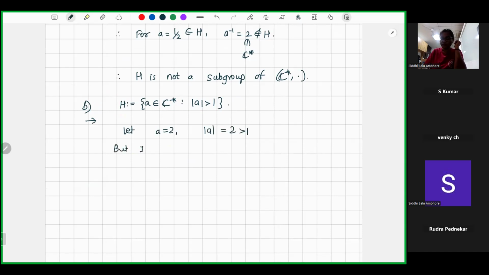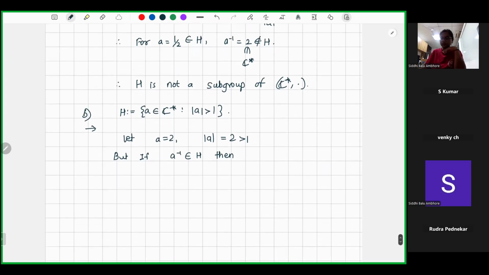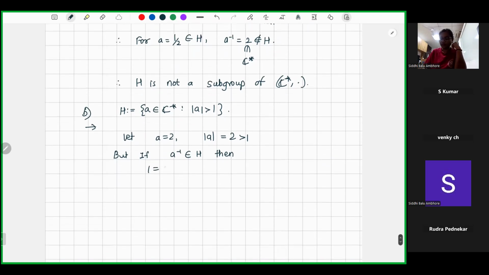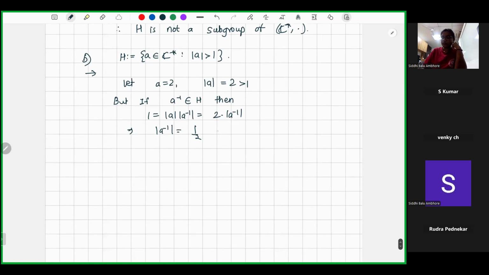But if again A inverse belongs to H, then this again 1 is equal to mod of A inverse into mod A, which is 2 into mod A inverse, and this gives mod A inverse is 1 by 2, which is not true.